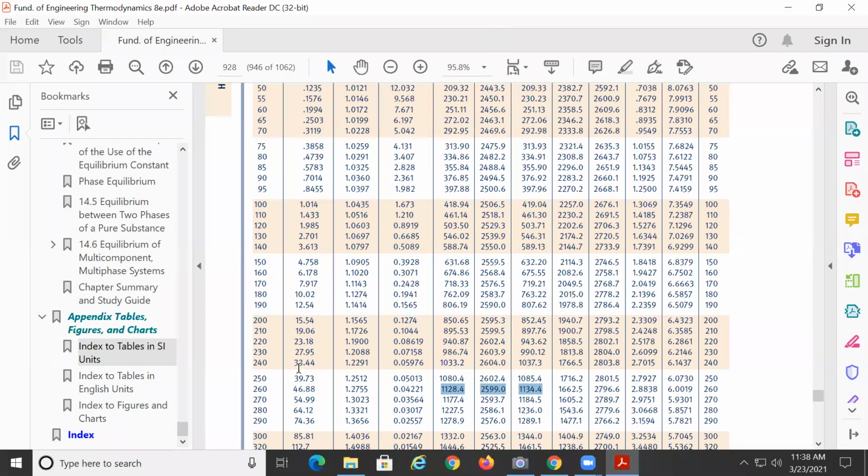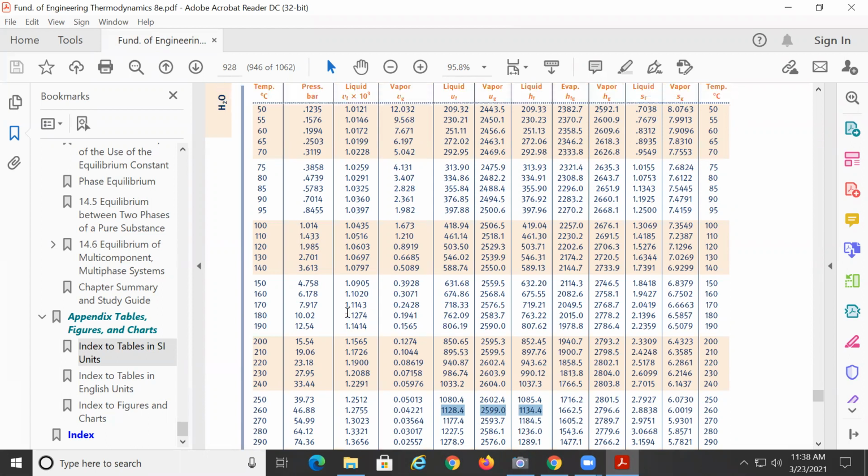Okay, so from the table, we're going to have here, write down, U sub F is 1128.4, U sub G is 2599.